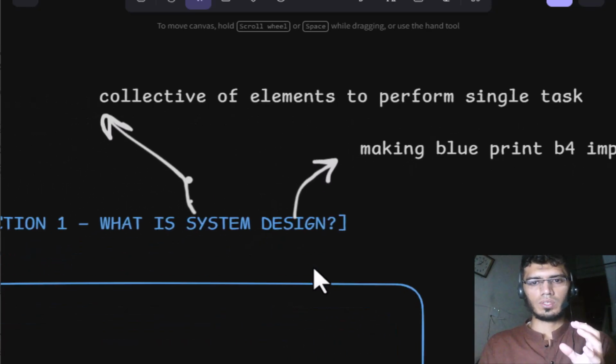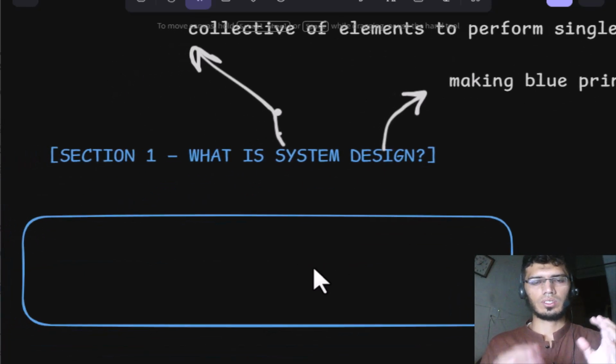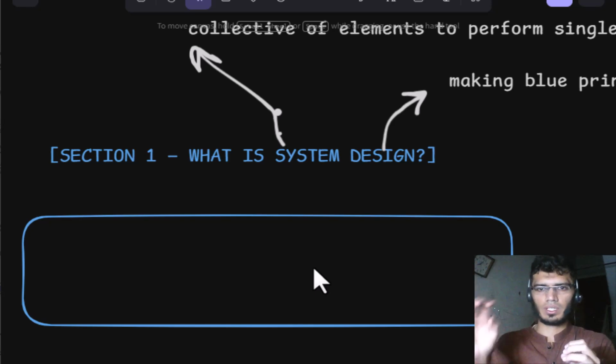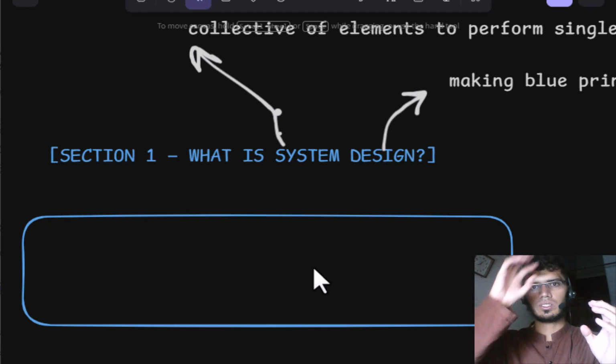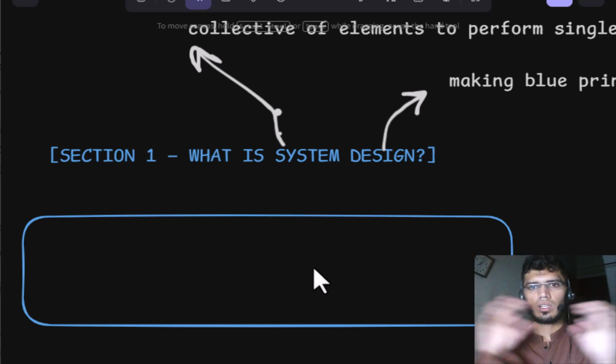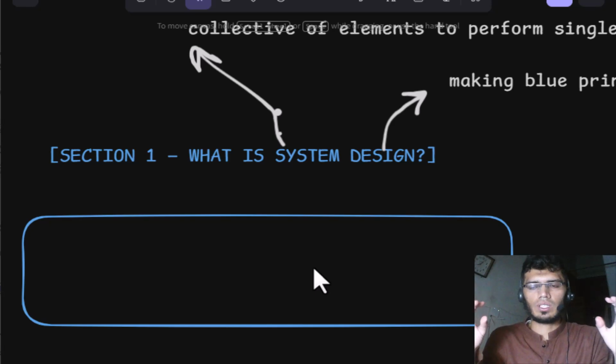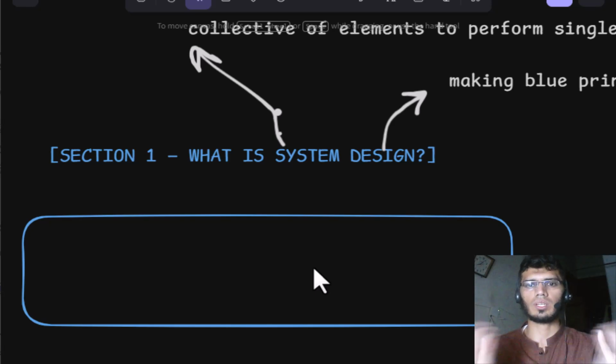Now let's come towards our real definition of system design. System design is the process of defining a collection of elements like front end, back end, databases, queues, and cache, and how these units interact so that our system works smoothly and our customers become happy.